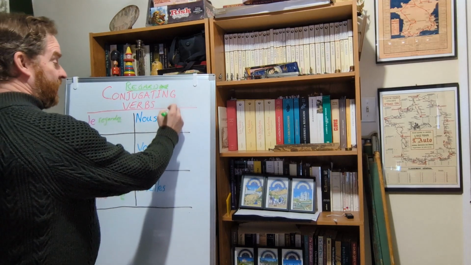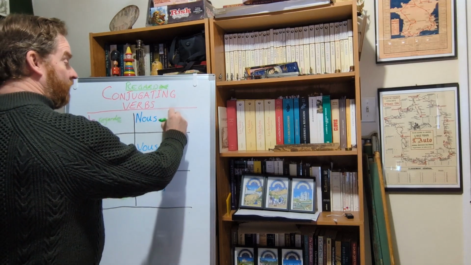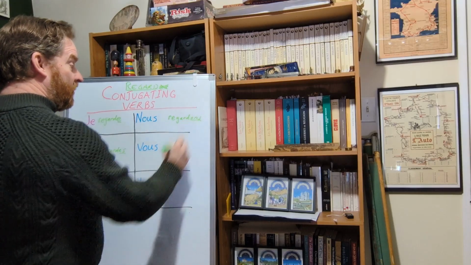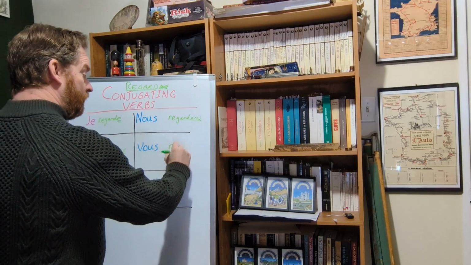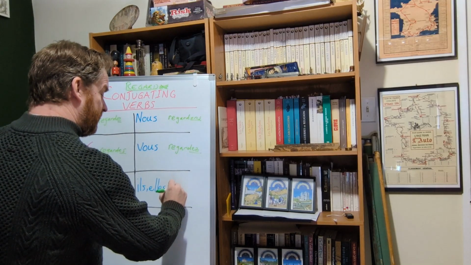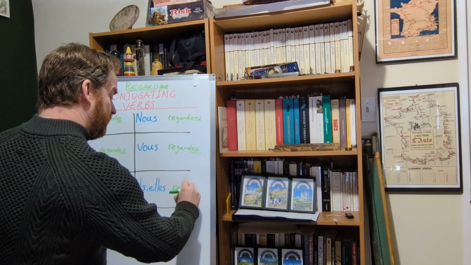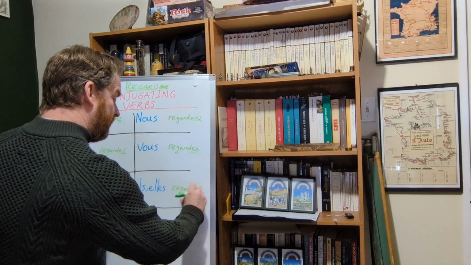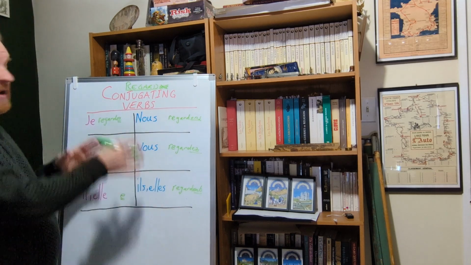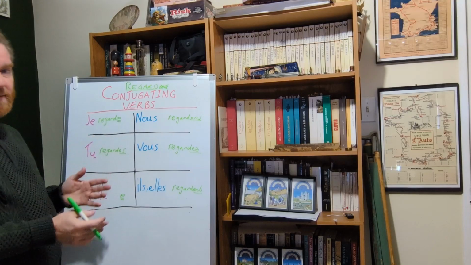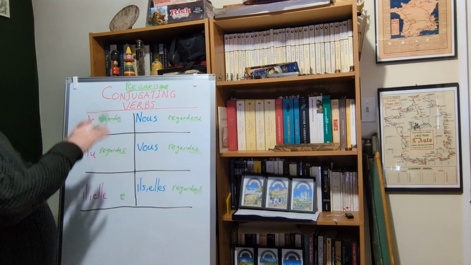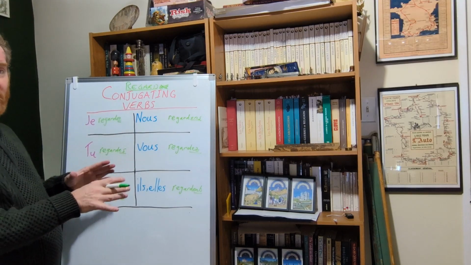Then when we come to nous, for we, it would be nous regardons, vous regardez, and ils or elles regardent, with the ENT ending. And then we would do this with our IR verbs and use the IR verb endings, and same thing with our RE verbs. And then of course we would give our students some practice, some of the exercises.